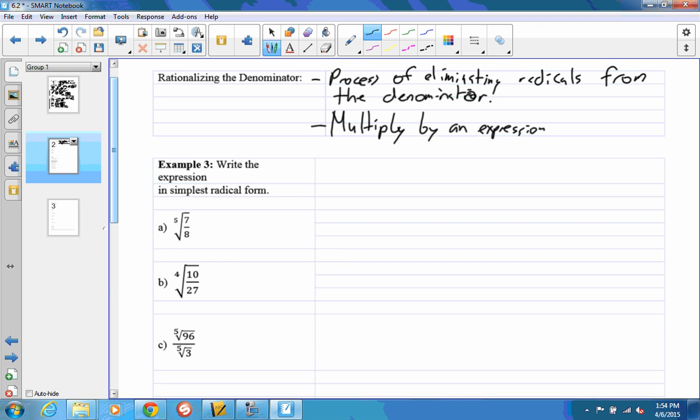It's got to be just equal to 1. So I'm going to multiply by an expression that forms a perfect root in the denominator.